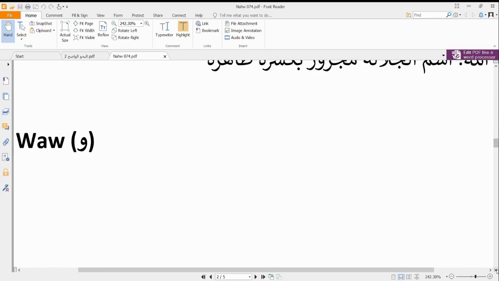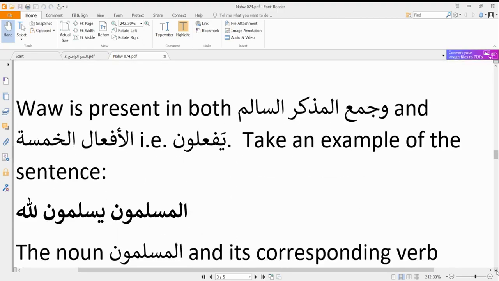So similarly, we are also going to treat the distinction between ismul jam'u mudhakkar salim and af'alul khamsa. We also have a similar situation when we have the af'alul khamsa, such as yaf'aluna or taf'aluna, and when we have jam'u mudhakkar salim, like al-muslim, one Muslim, muslimuna, many Muslims.